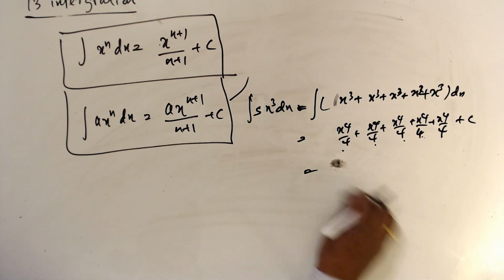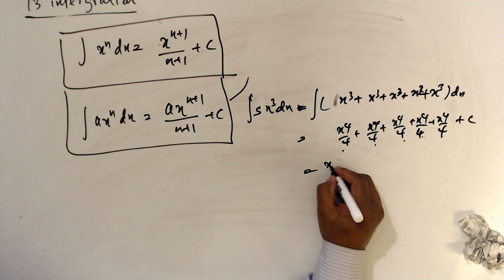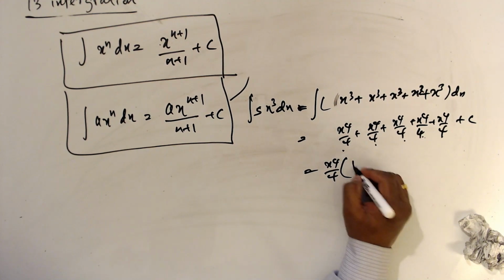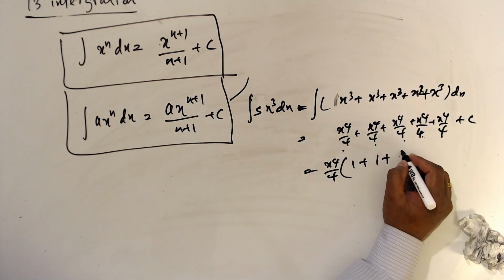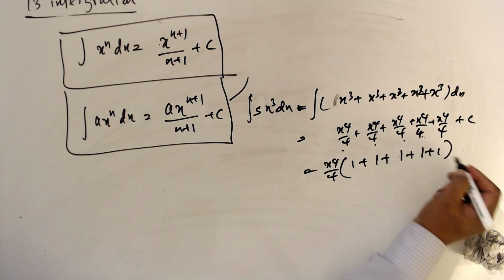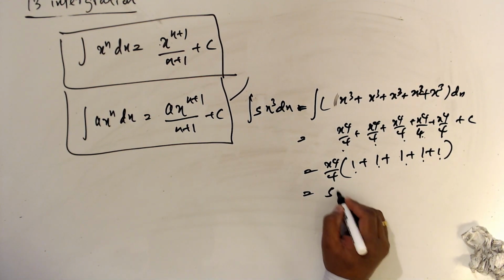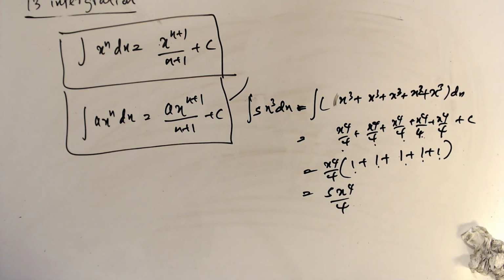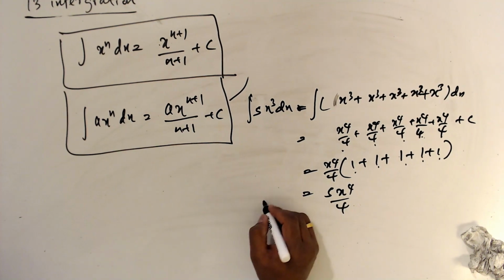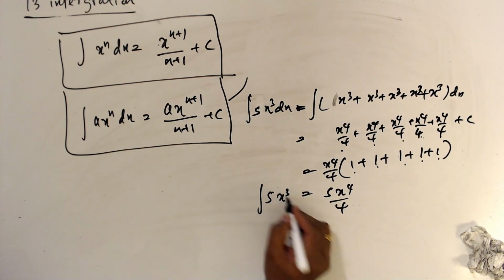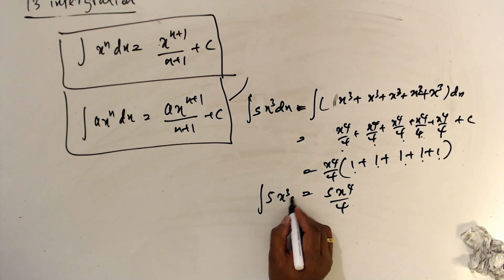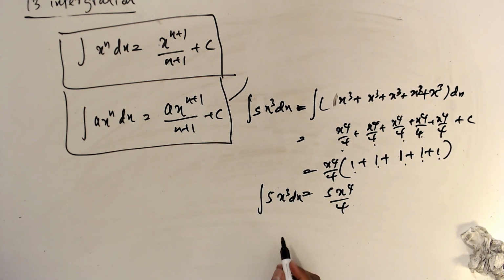Okay, I will show you properly. I'll factorize x^4 over 4. What is the answer? 1 plus 1 plus 1 plus 1 plus 1, that is 1, 2, 3, 4, 5. It means 5 x^4 over 4. Now I'll rewrite closer to here, 5x cubed dx.